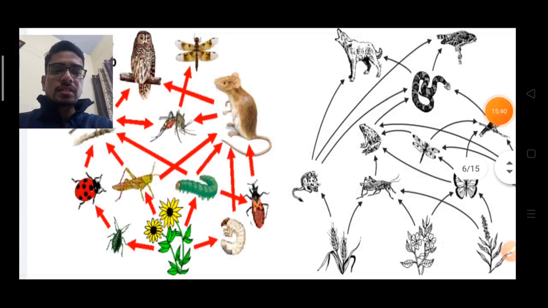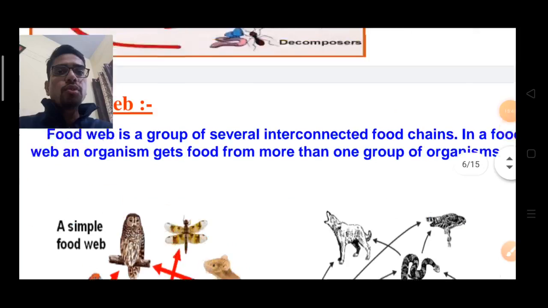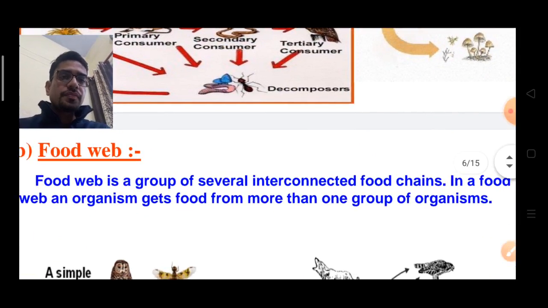And plants are generally found in each food chain. So a web is a group of several interconnected food chains. A group of interconnected food chains is called a food web. In a food web, an organism gets food from more than one group of organisms.